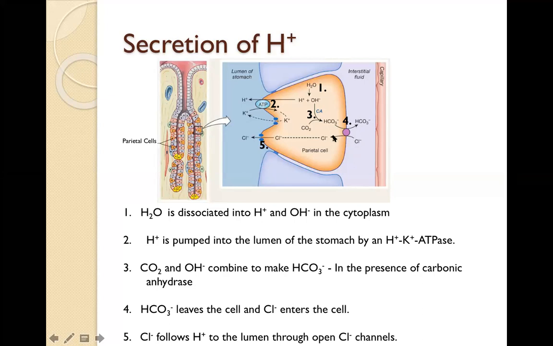That chloride anion travels through the parietal cell and goes through open channels on the luminal side of the cell and enters the stomach as well. So essentially what you have is hydrochloric acid, the H plus and the Cl minus.